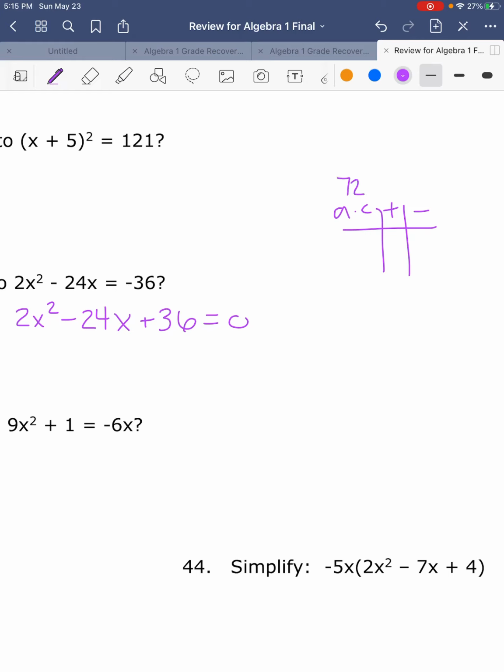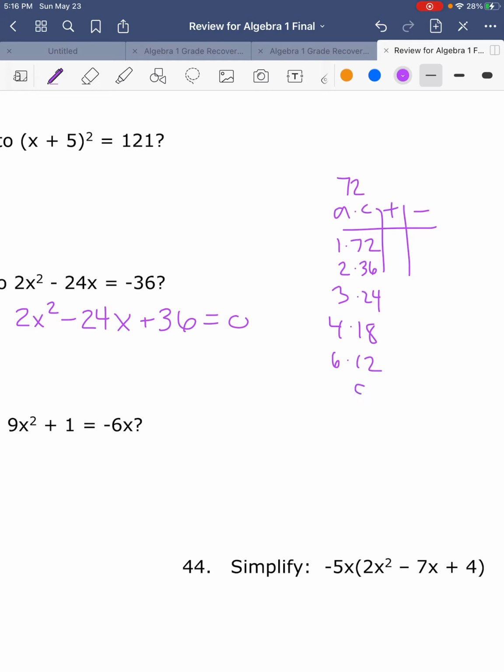That's a times c. So our factors are 1 times 72, 2 times 36. Let me check, see what other ones we got. Don't want to miss any. Yep, so we have 3 times 24, 4 times 18, 6 times 12, and then 8 times 9.